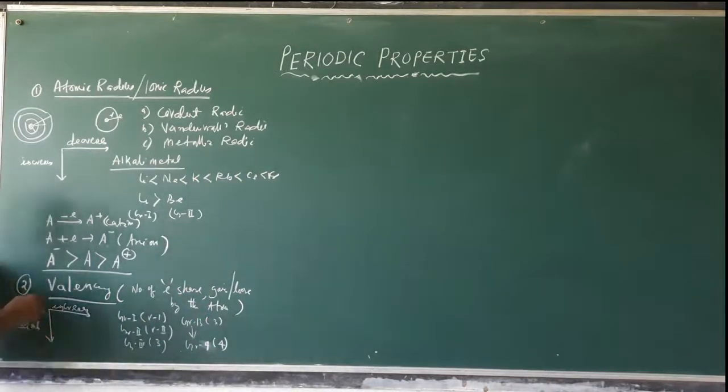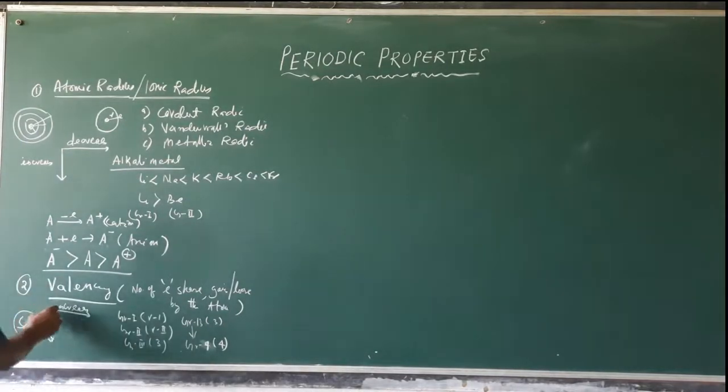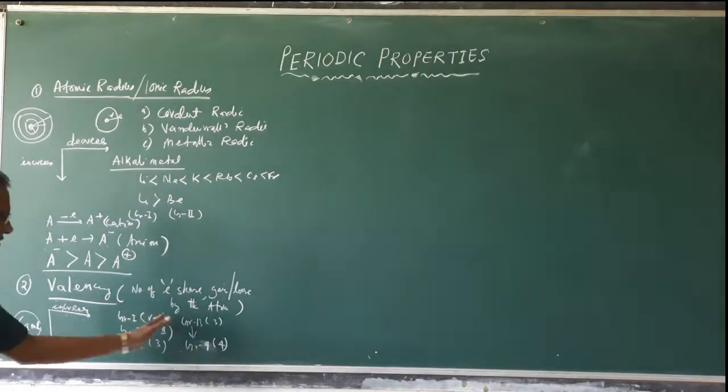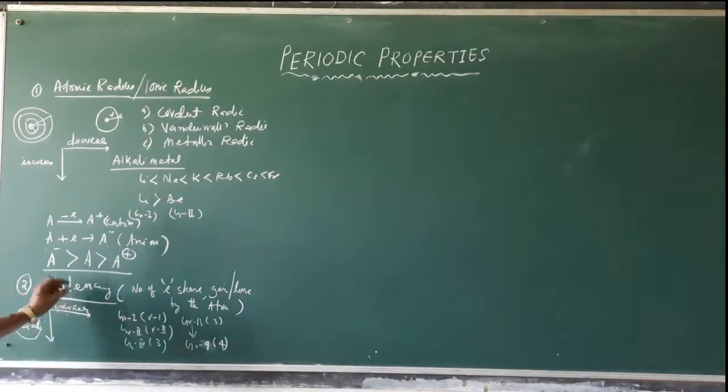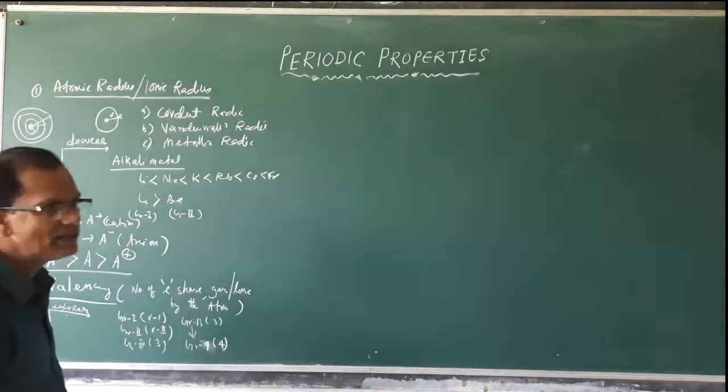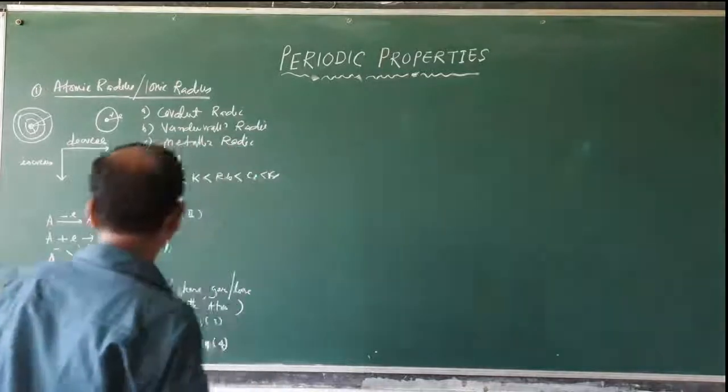Normally, along the group, valency remains same, and along the period, generally valency increases. So this is very important, but some exceptions are there.